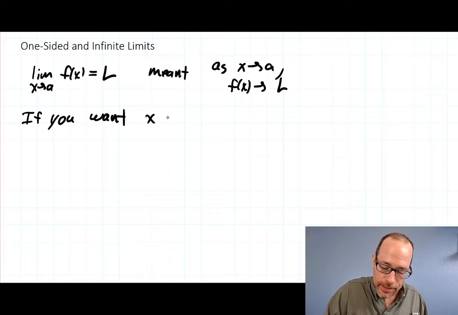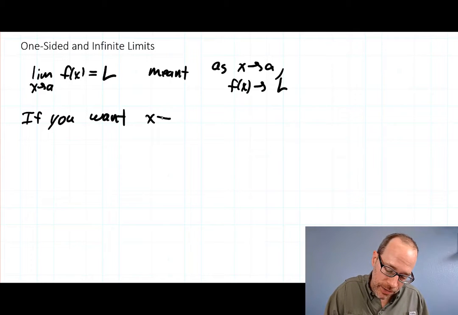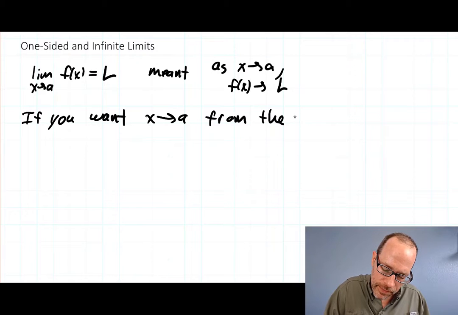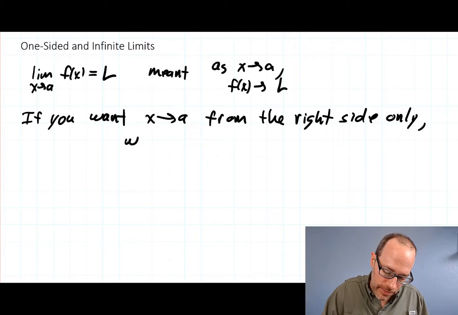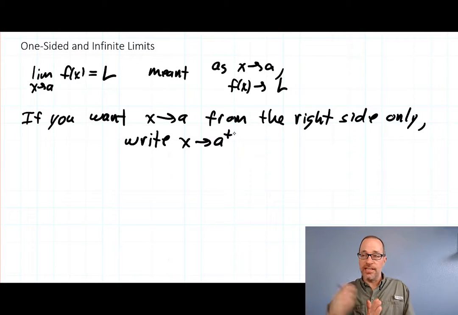So if you want x to go to a from the right side only, then you write x converges to a with a plus. The plus meaning from numbers slightly bigger.